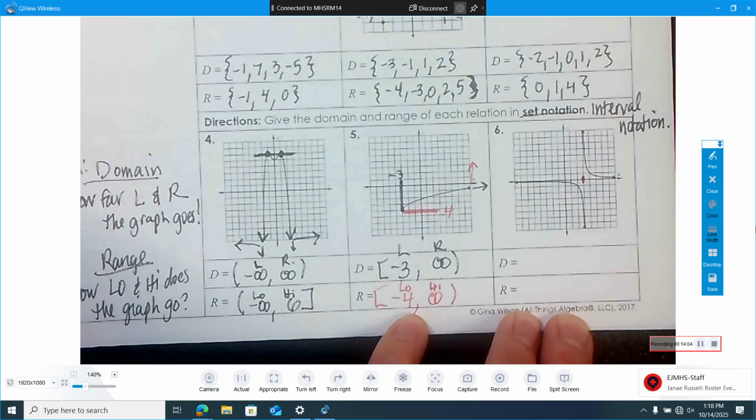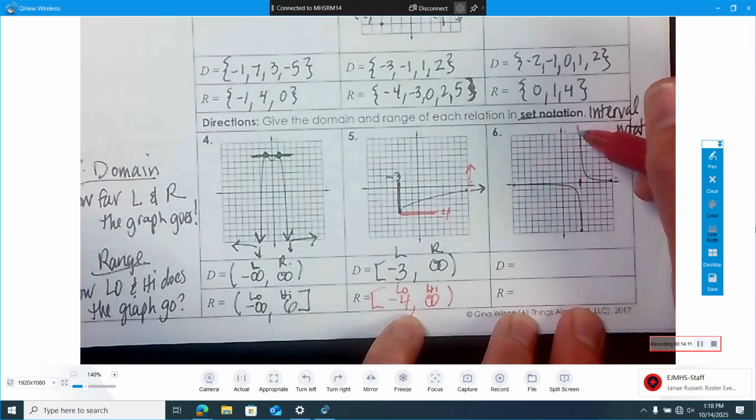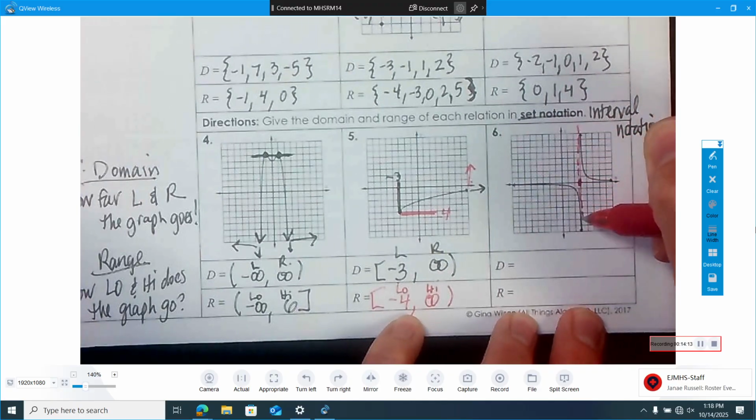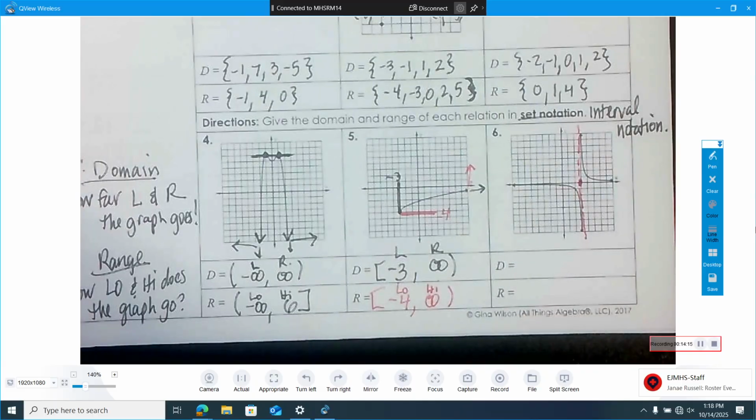It's got a special name. It's an asymptote, which you absolutely should know from Algebra 2. So we're going to learn it again. But this is an asymptote. It's where our graph diverges. They go in different directions, okay?